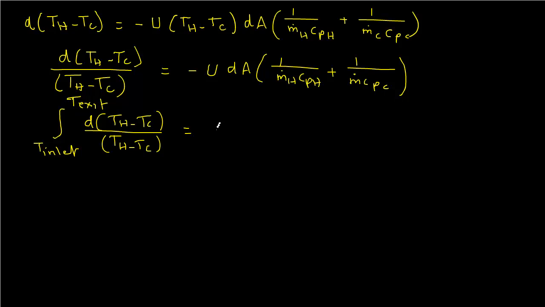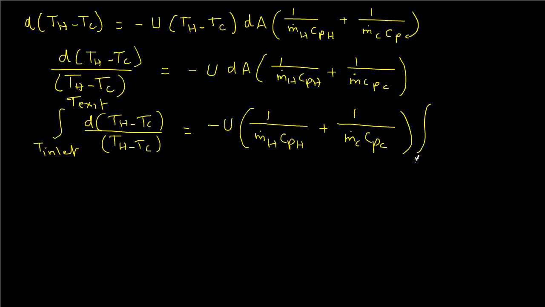And for the right hand side, we will integrate minus U times 1 over m dot h Cph plus 1 over m dot c Cpc, and the integral will be for dA from 0 to the total area of the heat exchanger, A. Now if you look at this left hand side, this looks similar to dx over x, and you know the integral of dx over x is natural log of x.